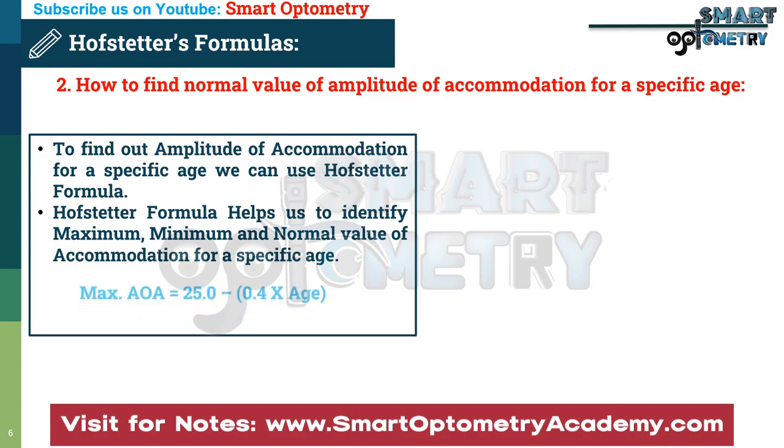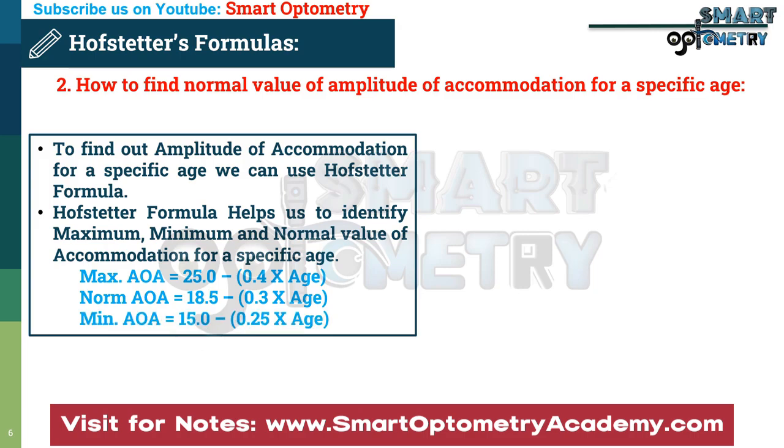The maximum amplitude of accommodation for a specific age equals 25 minus 0.4 multiplied by age. Expected normal amplitude of accommodation for a specific age equals 18.5 minus 0.3 multiplied by age. Minimum amplitude of accommodation for a specific age equals 15 minus 0.25 multiplied by age.